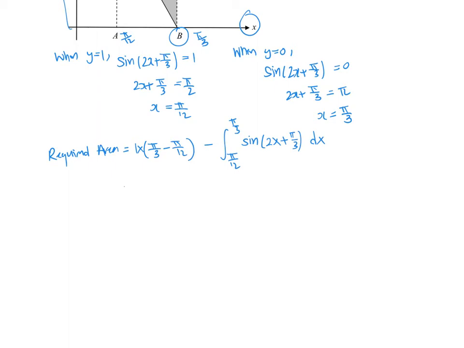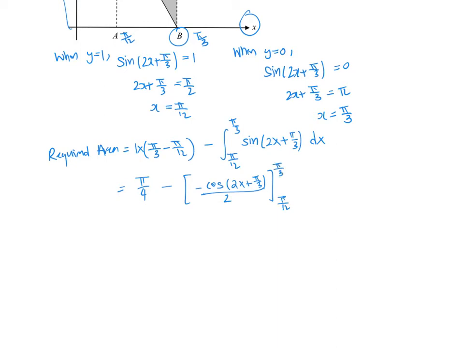Here the first term, if you simplify it, you should get pi over 4 minus, integrating sine will give me negative cosine(2x plus pi over 3) over 2. Don't forget your chain rule. The limits are pi over 12 to pi over 3.